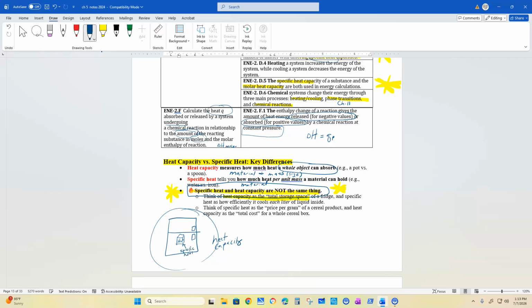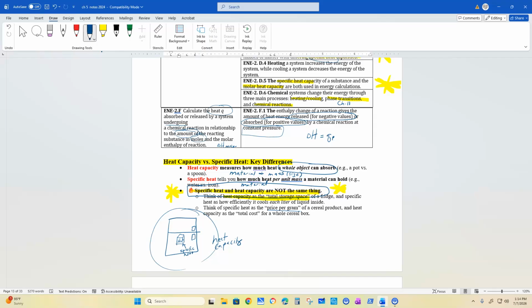I gave you another analogy with cereal. Specific heat is if you were actually bargain shopping out there, you know prices are crazy right now. Don't get me even started about grocery shopping. Specific heat is the price per gram of that cereal product.